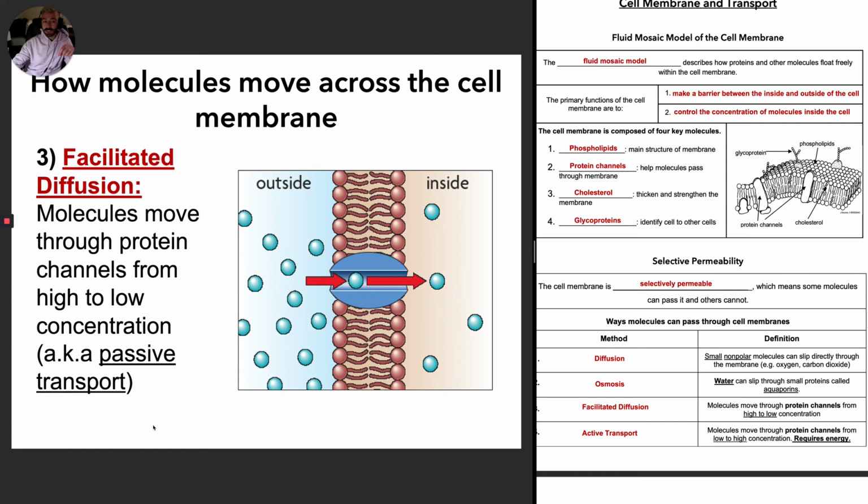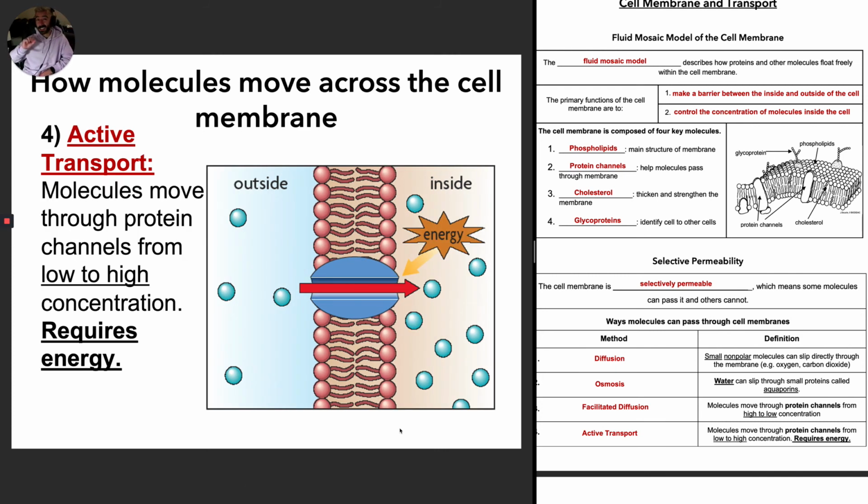This is considered passive transport, and really, referring to the notes over here, diffusion, osmosis, and facilitated diffusion are all what we would consider passive transport, meaning that it takes no energy, or they go from high to low.